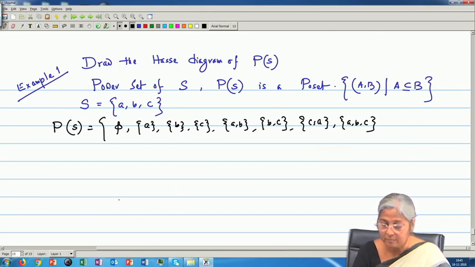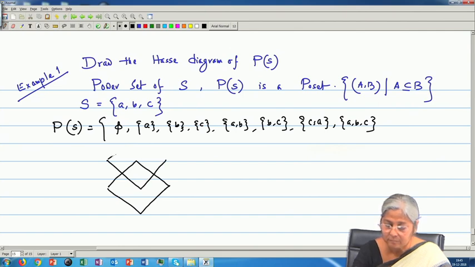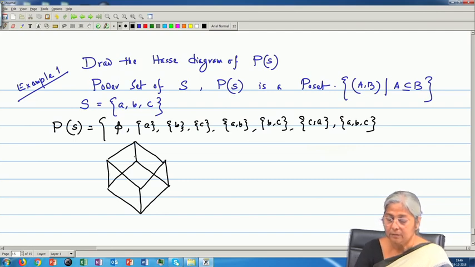So I can draw in this way. I can give the empty set as the bottom.